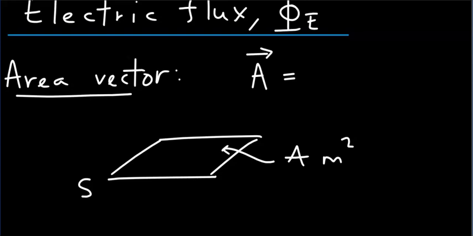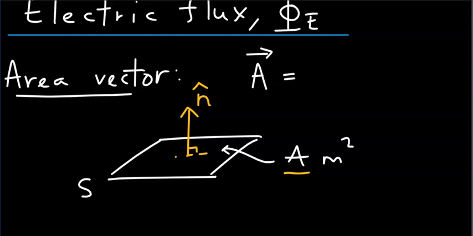The direction of area vector for a given surface such as this one is perpendicular or normal to the plane of that surface. So in this case, the yellow arrow here denotes the direction of the so-called area vector. The magnitude of this area vector is quite simply the surface area of that surface.